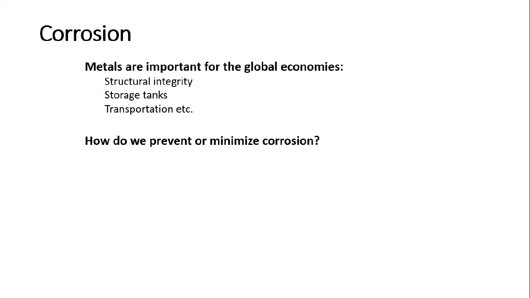So shipping becomes highly important. Ships are made of metal. And if you have ships rusting away quickly, then you see the problem. So these reactions are multi-trillion-dollar reactions. And any process that can lead to a slowing down of these reactions is very important.